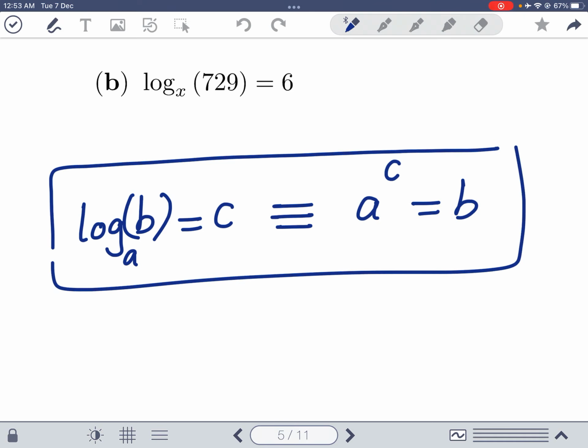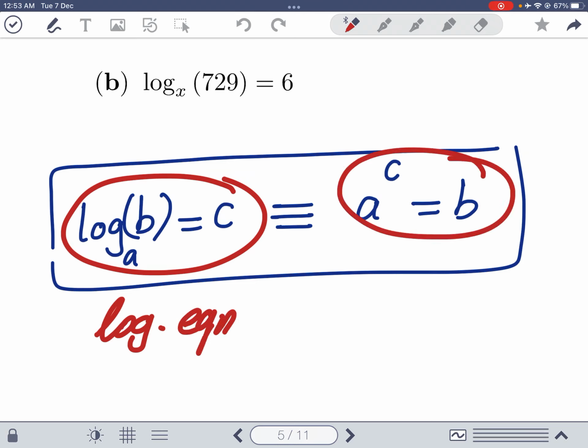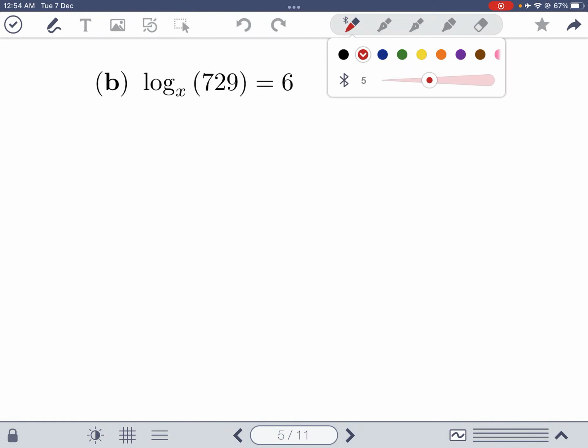If you remember, this is what we call the logarithmic equation, and this is the equivalent exponential equation. They are equivalent, they are the same thing. So based on this, I'm going now to solve the exercise.